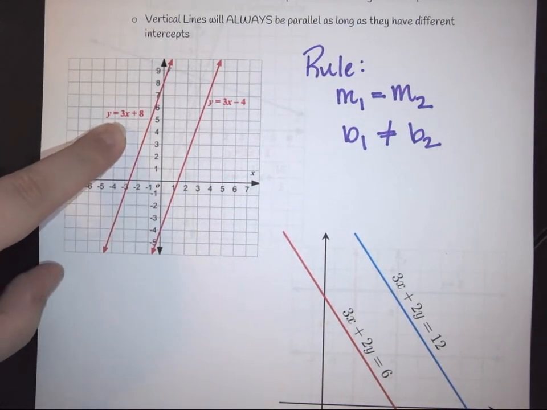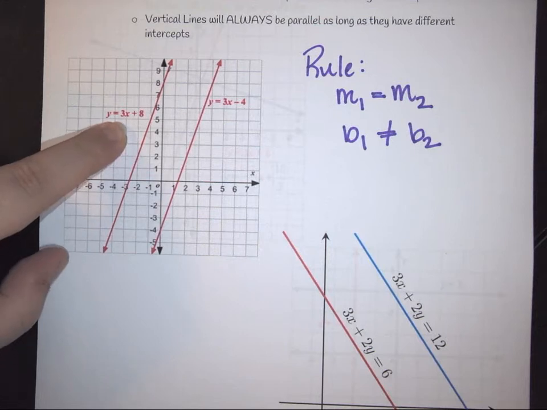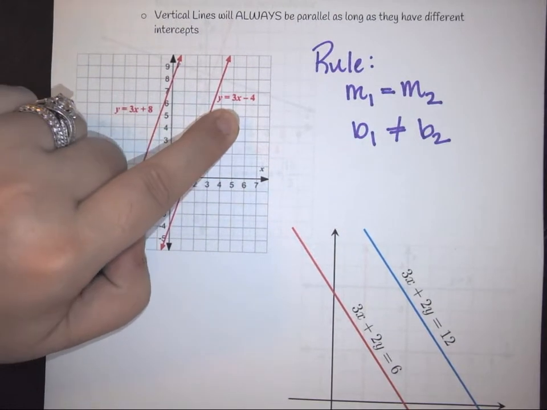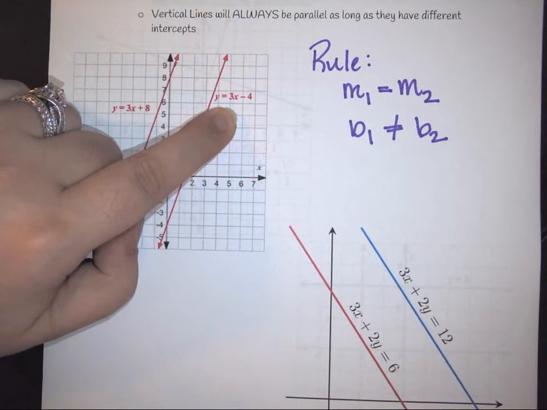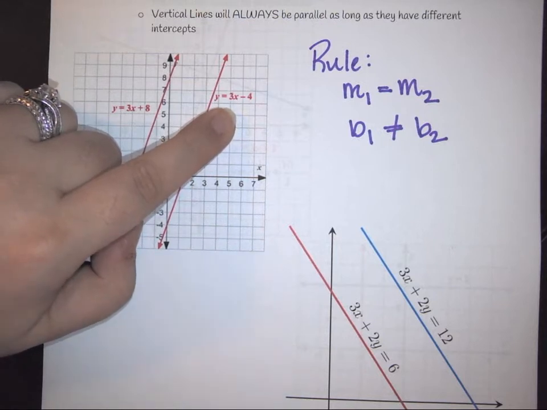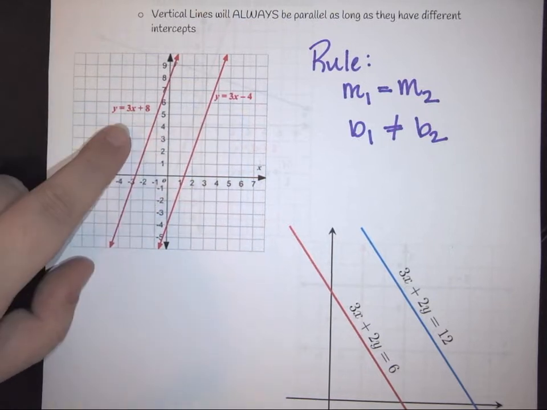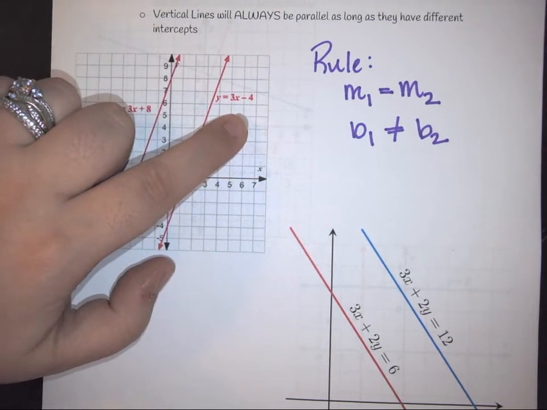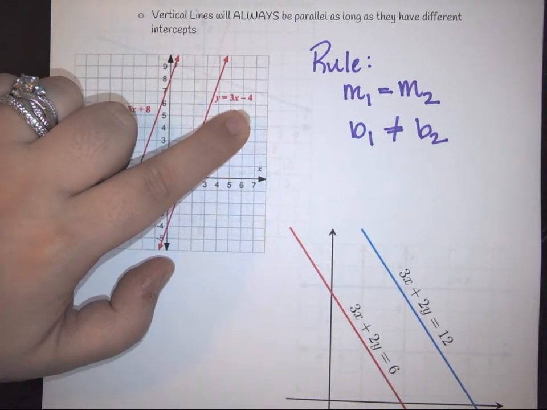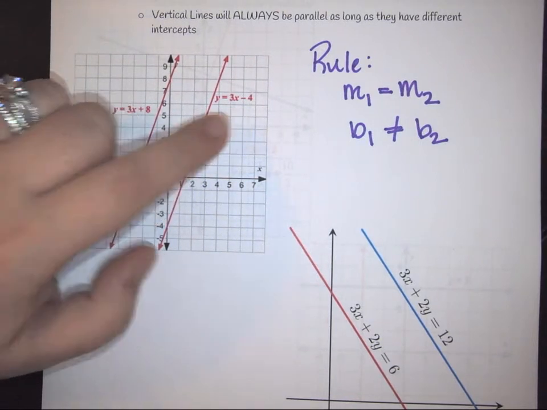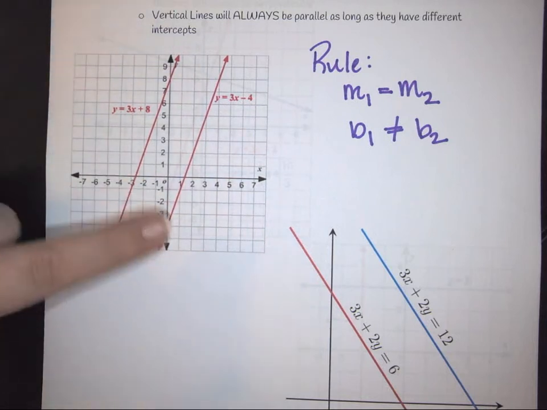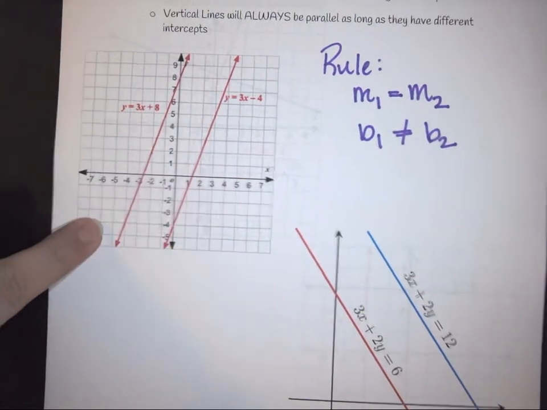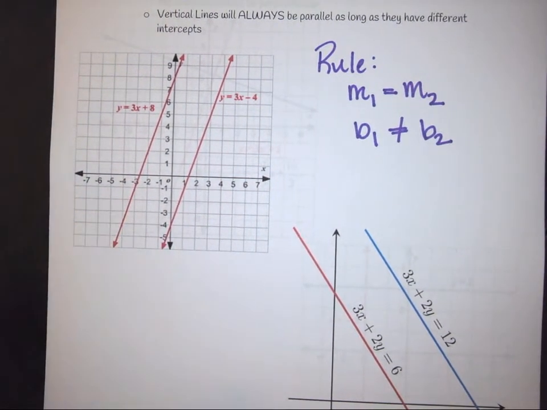Notice the slope of my first is 3 and the slope of my second is 3. To verify that they're parallel, we also have to look at the intercepts. My intercept occurs at the point (0, 8), and in my other line it occurs at the point (0, -4). Since those two intercept points are different, these are not the same line, but they are parallel to each other.